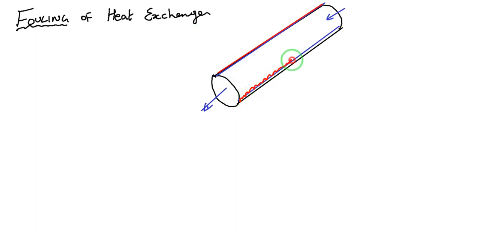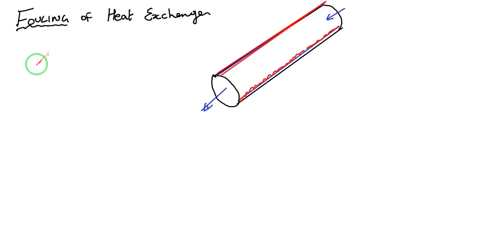In the inner wall of the pipe there is rust formation, because of the continuous flow of the fluid.